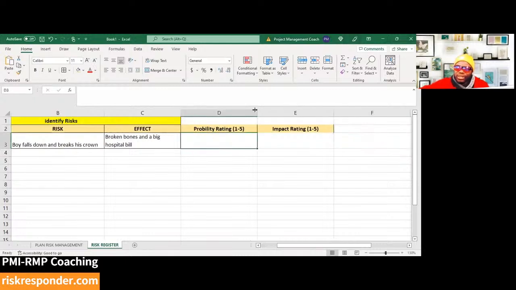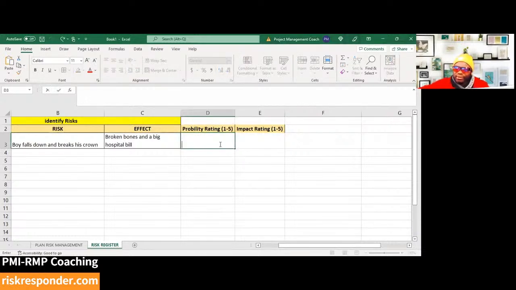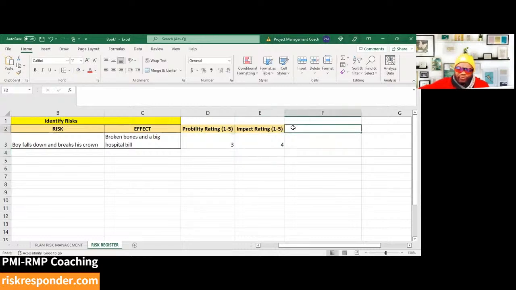Let's say the probability of the boy falling down and breaking his crown is a 3. Let's say we put the probability rating as a 3 here, the impact rating as a 4 here. The next step is to find the product of both to get a risk score.